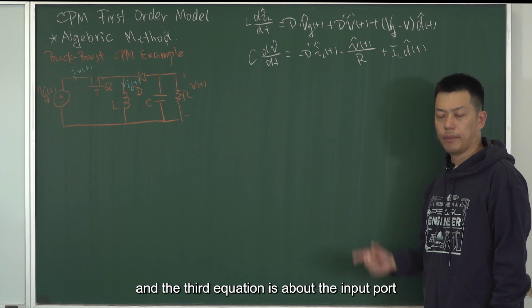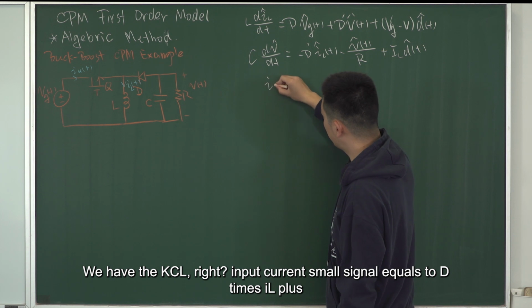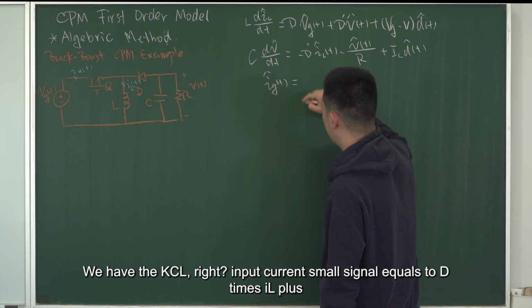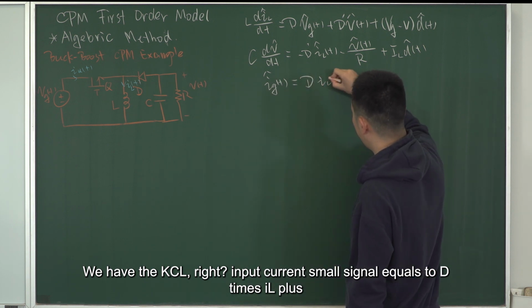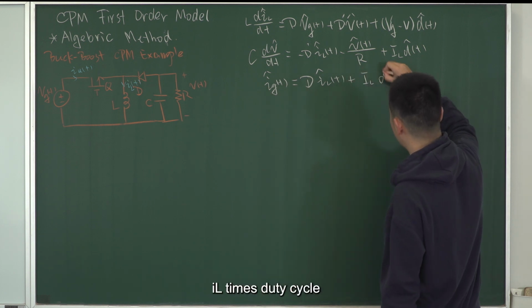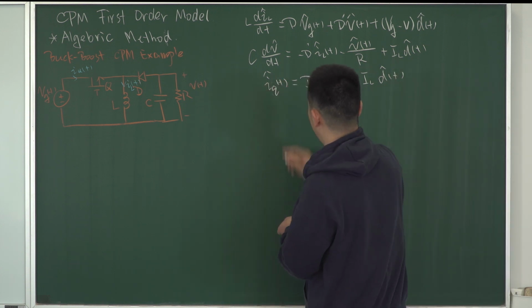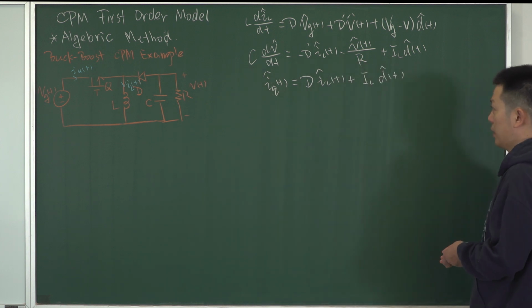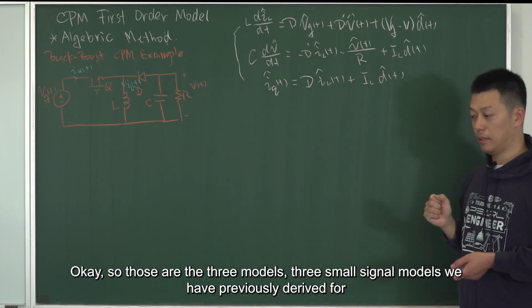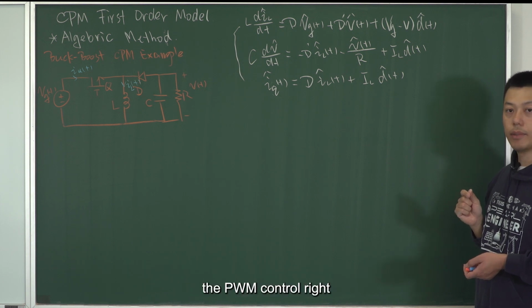And the third equation is about the input port, where we have the KCL: the input current small signal equals D times IL plus IL times the duty cycle. Okay, so those are the three small signal models we have previously derived for the PWM control.